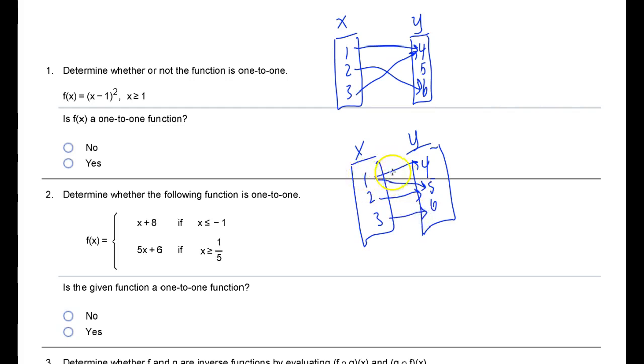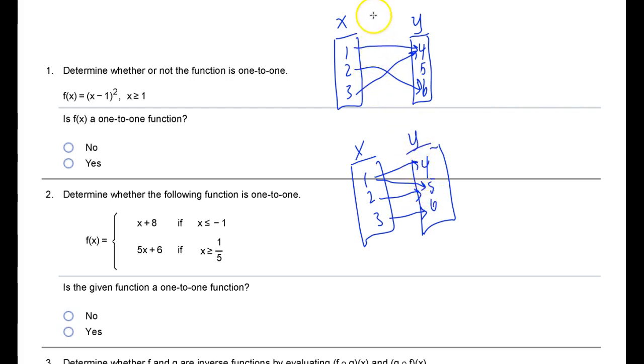Here the mapping is not a function because our 1 corresponds to more than one y value. In other words, one person can't be in two places at the same time.